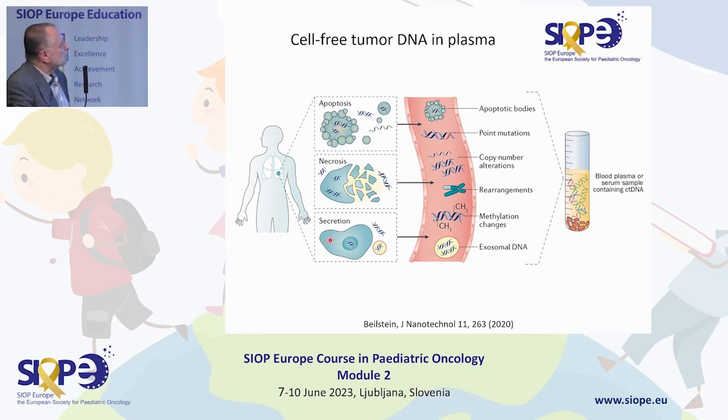You also have tumor cells in the peripheral blood. You can have necrosis and apoptosis, and by that DNA is always set free, also RNA to a certain extent. If you sequence the cell-free DNA, you can identify point mutations, copy number alterations, rearrangements, and also methylation changes, which are the most important things now.